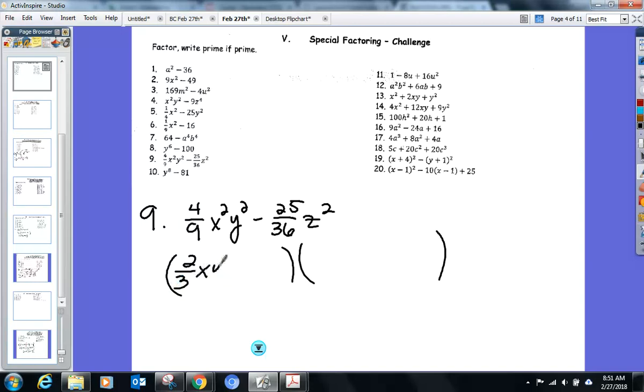Okay. And what's over here as well? 5 and 6. Oh, I'm not there yet. 5 and 7. And 2/3 x. Okay, ready? 25 over 36. Z squared. What about over here?